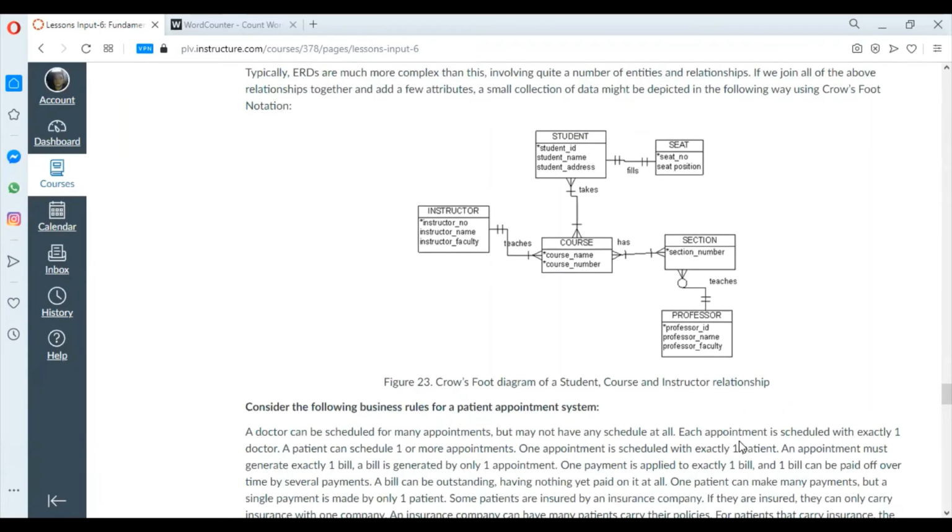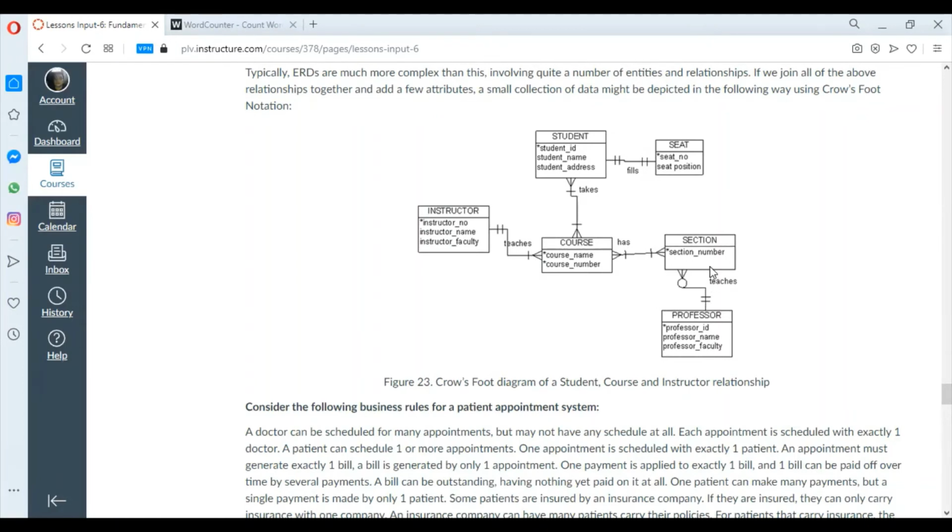So if we are to connect all of the given diagrams using crow's foot, we can see here that the objects or the entities are not repeated. We have a single student, instructor, course, section, professor, and team. Take note that we could angle the line if we are to connect them from one entity or one object to another.